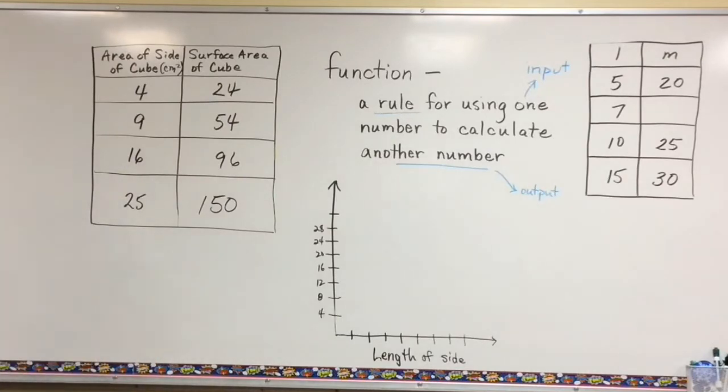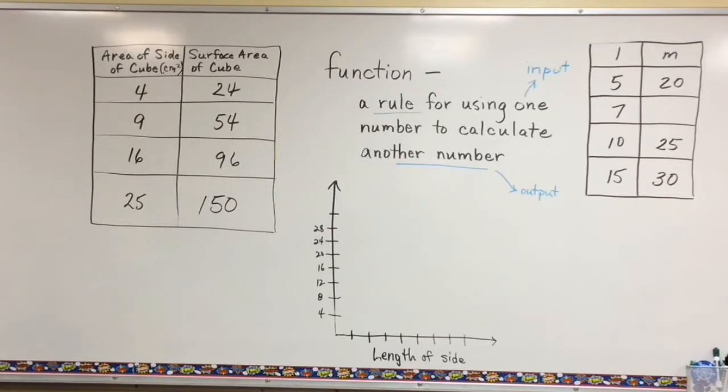Flip to the next page, please. First paragraph at the top says, your formula is an example of a function. A function is a rule for using one number, an input, to calculate another number, an output. In this function that I've drawn on the board, side area is the input and surface area is the output.